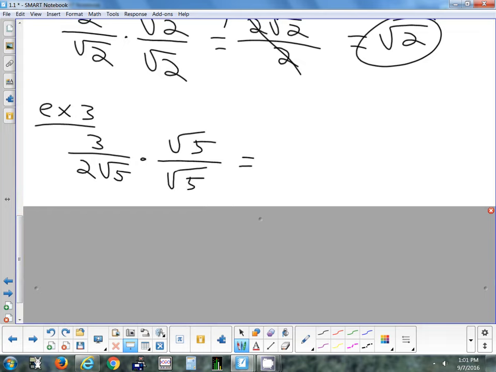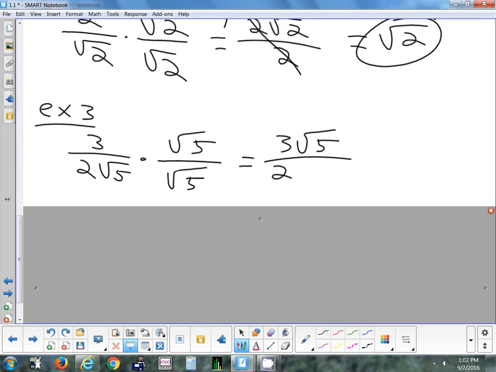And Eden, can you go ahead and tell me what you're going to get in the top when you do that? Yep, 3 square roots of 5. And how about in the bottom? I'm going to have the 2. And what do you get when you combine root 5 times root 5?